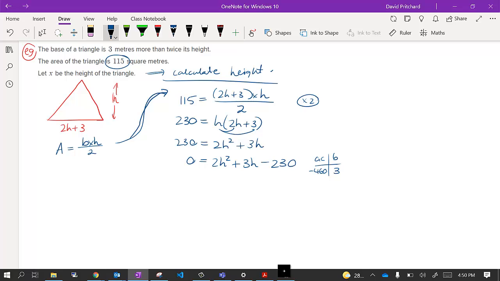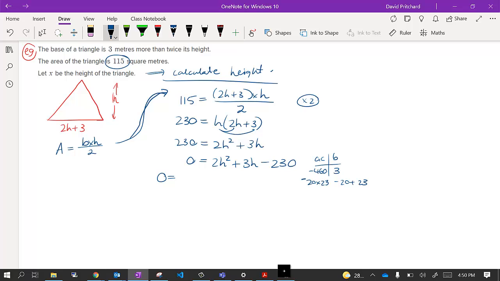We accidentally got it on the first one. We've got 20 multiplied by 23. So if we make 20 negative, we've got negative 20 times 23, that's negative 460. And negative 20 plus 23 also gives us 3. So now we can factorize.